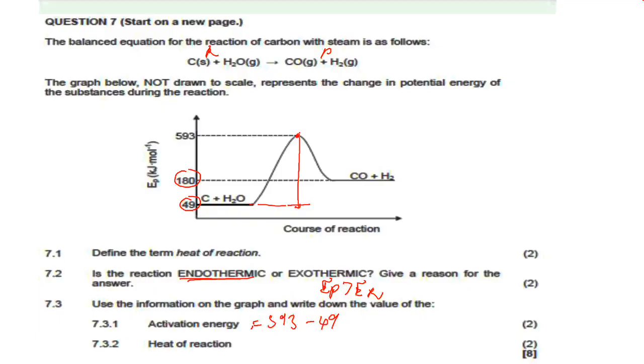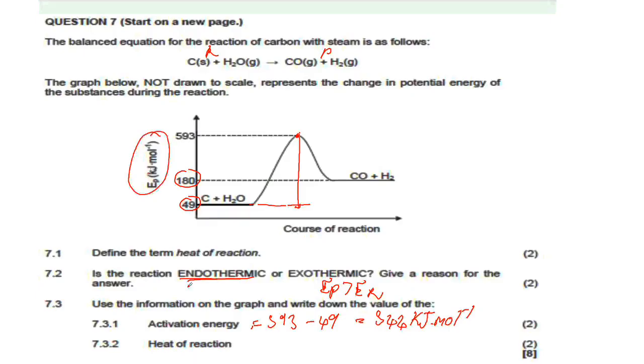So let's quickly use our calculator for that one. 593 minus 49 gives us 544. So 544 kilojoules per mole, right? So be mindful of this SI unit in here.